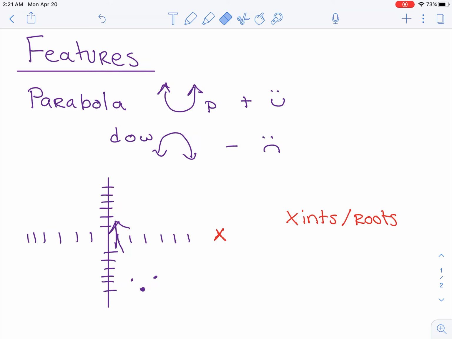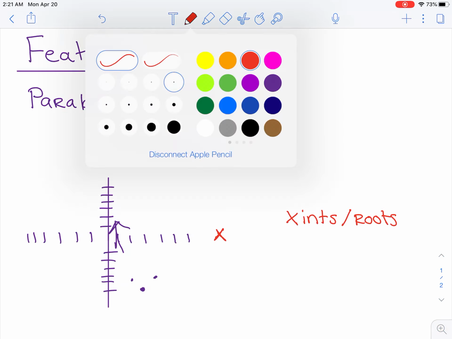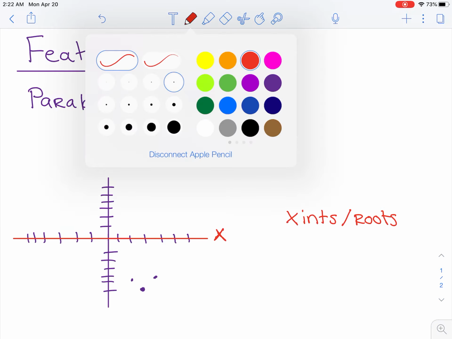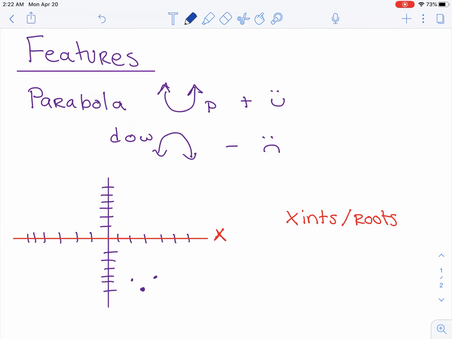Okay, I'm going to redraw this. Where it touches the x-axis is called x-intercepts or roots. Where it touches the y-axis is called a y-intercept.